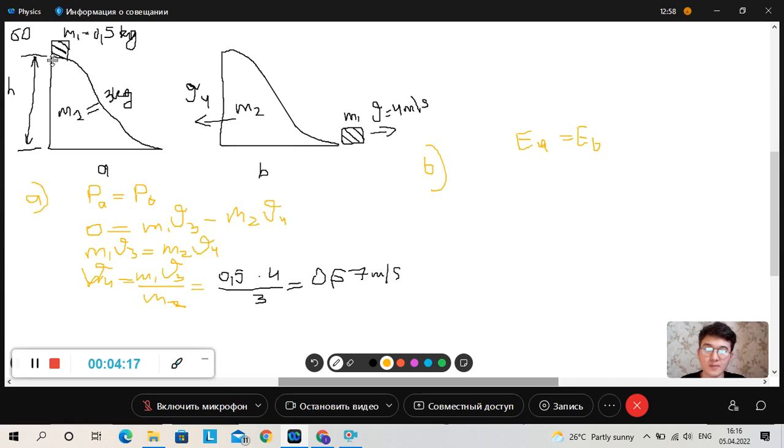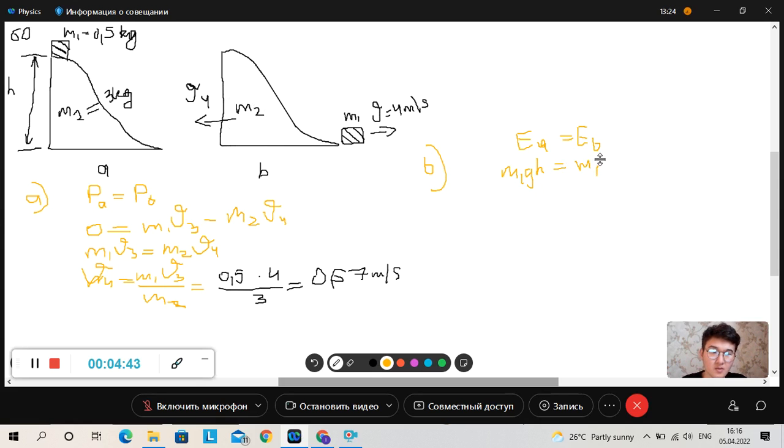In the first situation we have only one energy, the potential energy m1 g h. In the second situation we have two kinetic energies: first m1's and second m2's.